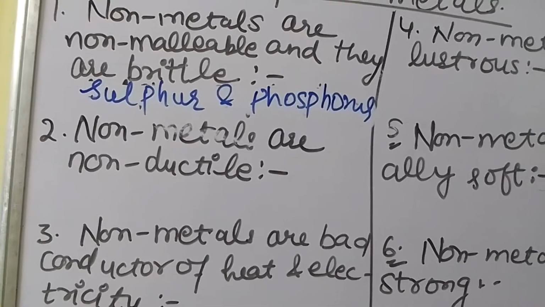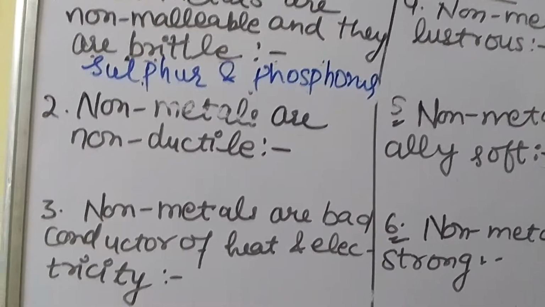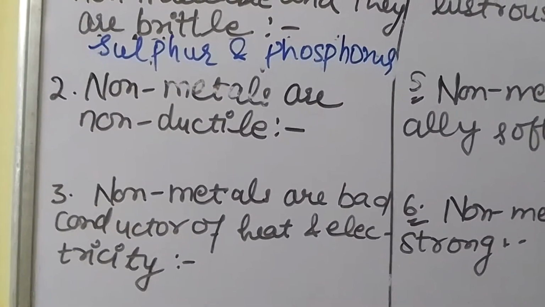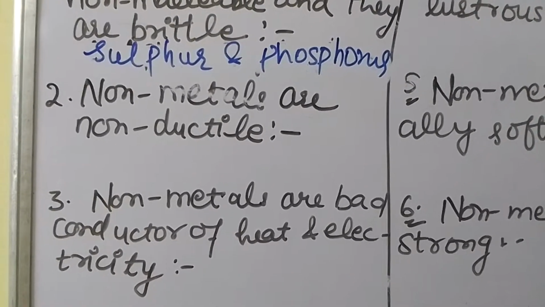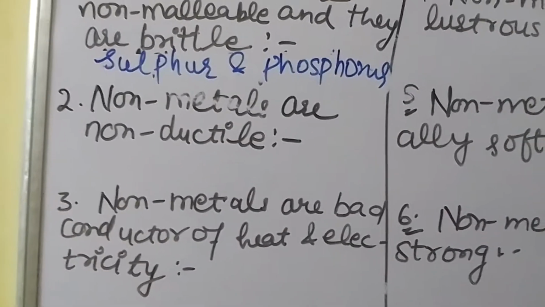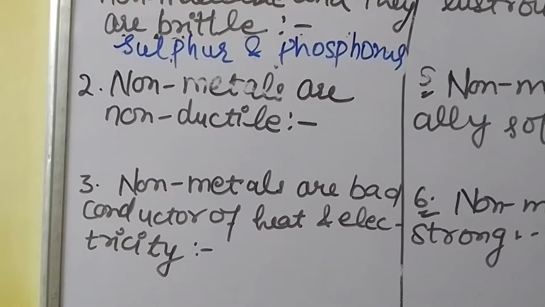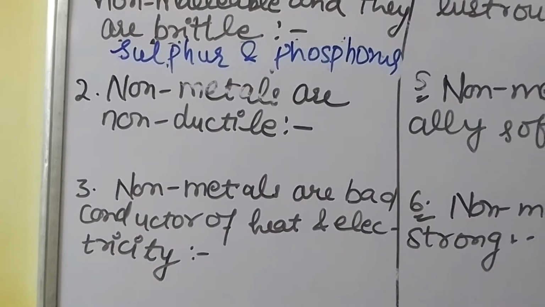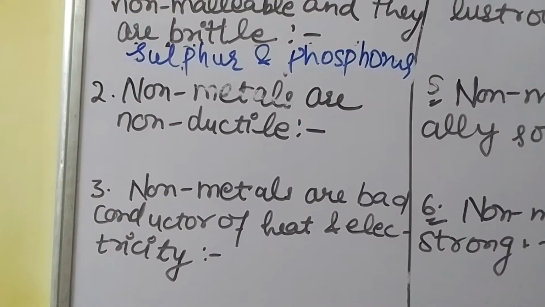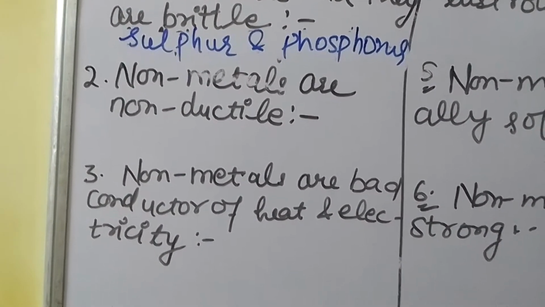So let's talk about another property. Non-metals are non-ductile. So what is ductile? Ductile is a property of metals in which we convert metal into thin wires.